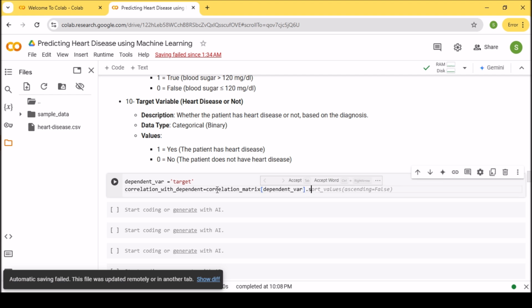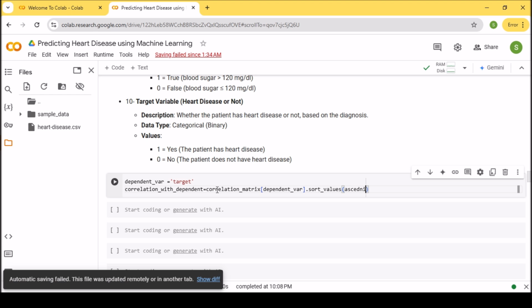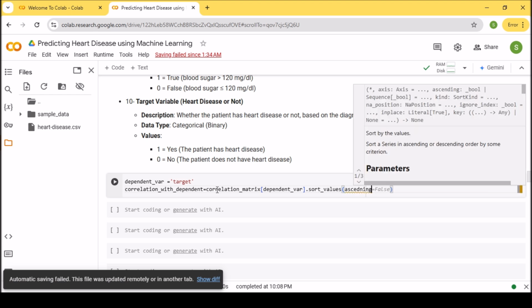Now let's sort it in descending order, so we have to set ascending equal to false.